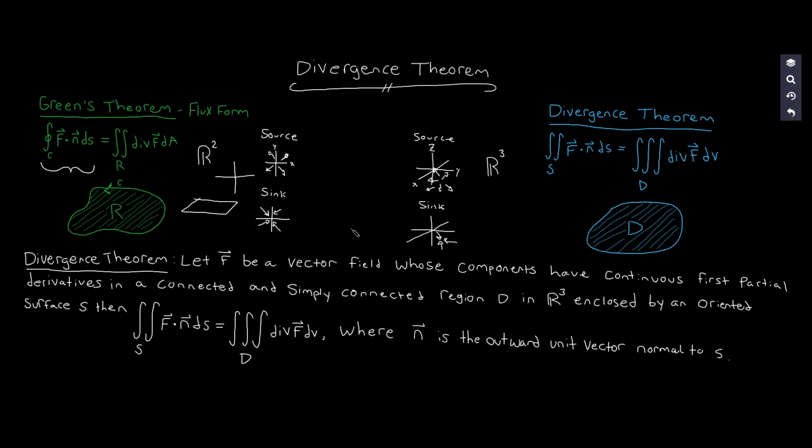we know the outward flux measures field lines that are exiting an enclosed region. So the direction of the vector field points in the same direction as the outward pointing normal vector n, and of course the normal vector n is always going to be at a 90-degree angle with the curve.